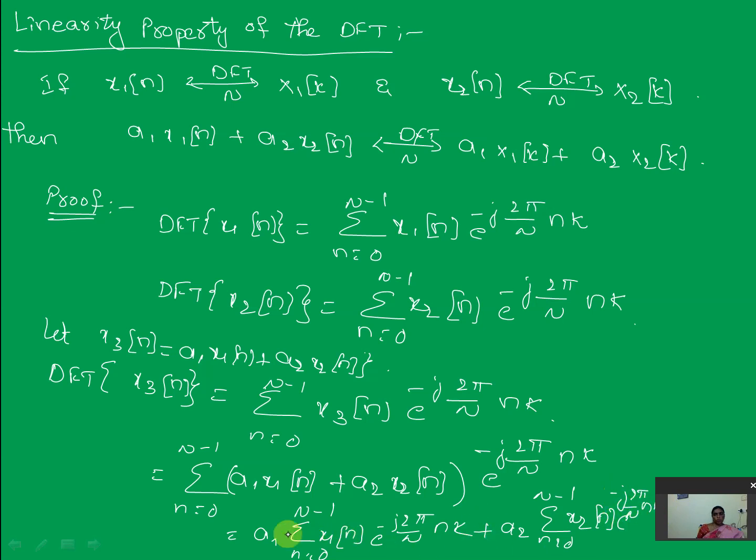From the definition, these are X1 of k and X2 of k, the DFT of x1 of n and the DFT of x2 of n respectively.